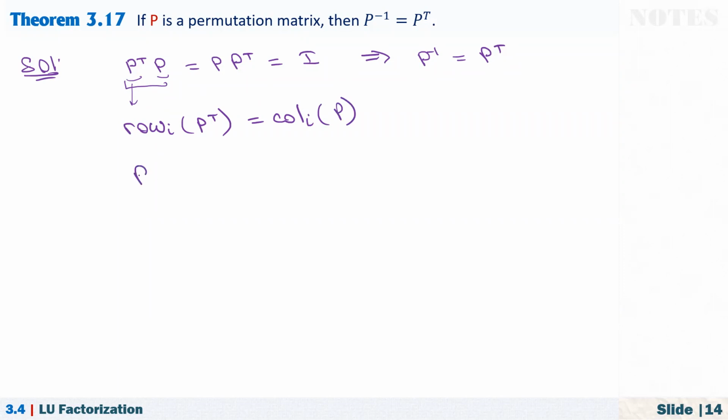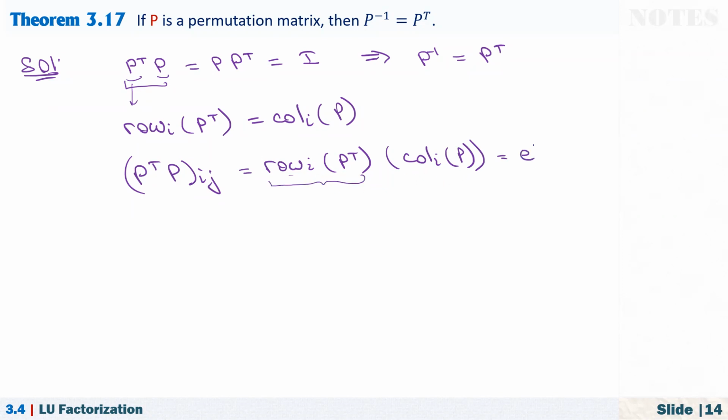So what is the ij entry of P transpose P? This is how we multiply it: we multiply the ith row of P transpose by column j of P. We know that this row i of P transpose contains only one 1, so it is just a standard unit vector.